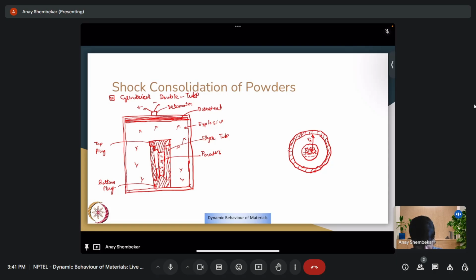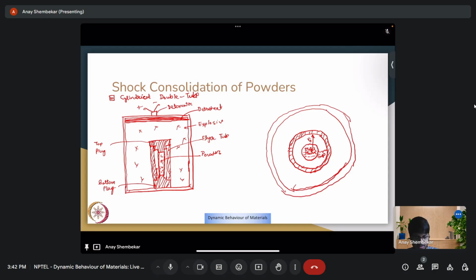This radius is R0. There is a gap. This is a wet piece of container. Should be more circular. My apologies for drawing.